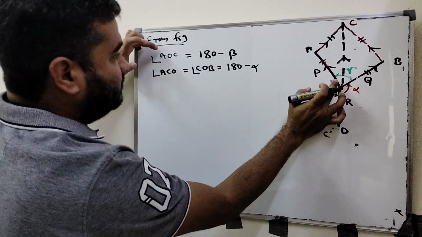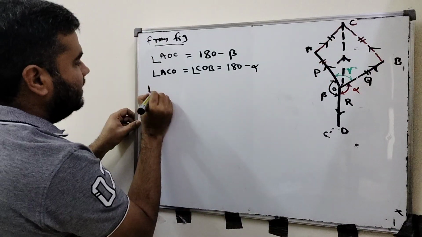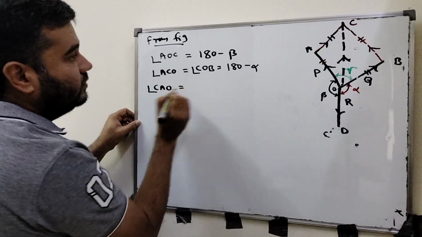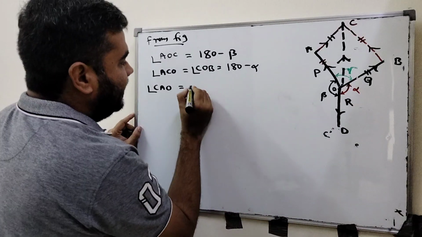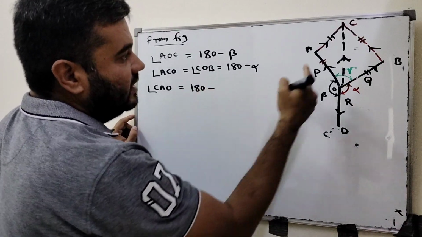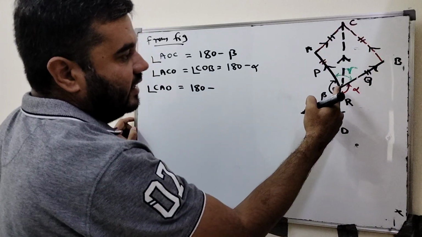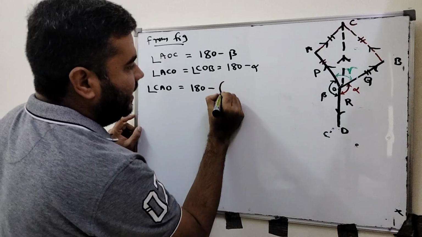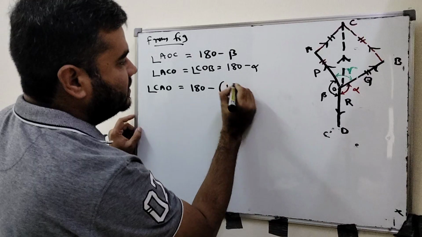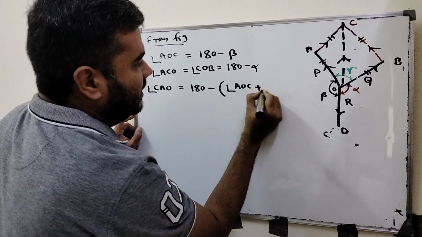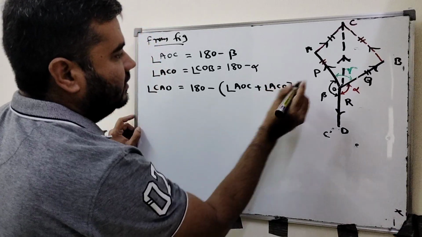I found the first angle at O, then the angle at C. Now angle CAO equals 180 minus the sum of angle AOC and angle ACO. Did you get the point here?